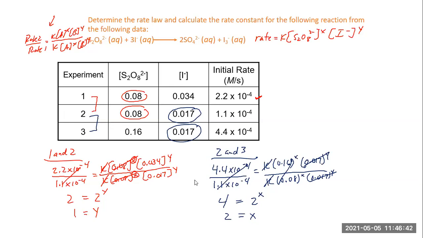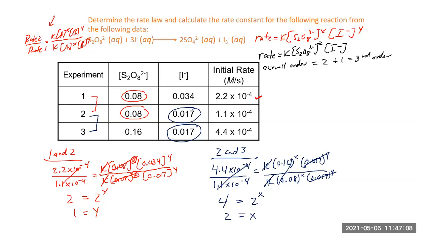Now that we have our completed rate law, we can put in our orders, and that would give us that the rate is equal to k times the concentration of S2O8 2-, and x was 2. Our I-, y was 1. That means the overall order for this reaction would be 2 plus 1, which would be third order.